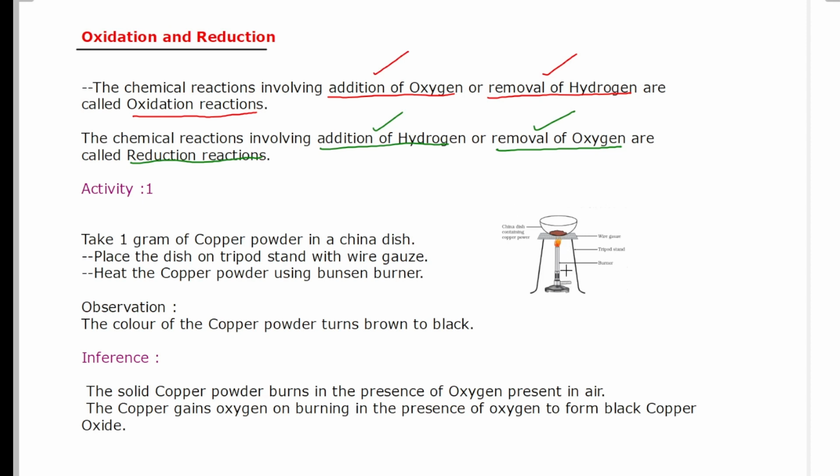What happens once you heat this copper powder? There is a change in the color of copper powder from brown to black. The observation that we see is once this copper powder is heated using this Bunsen burner, the color of the copper powder turns from brown to black. Why does this happen?